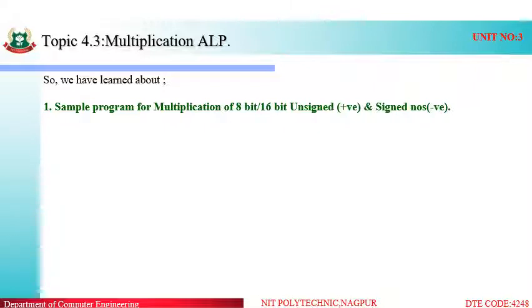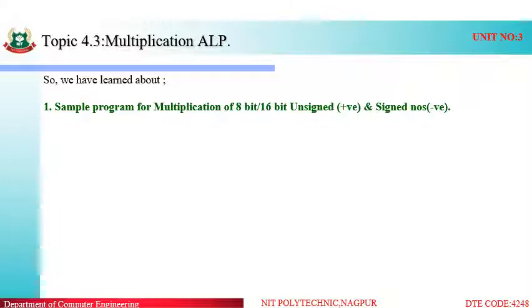Now the same case applies for division. In case of division of two unsigned numbers, we have to use the instruction div, and in case of negative numbers we have to use the instruction idiv. The remaining logic is the same: imul BX, imul BL.